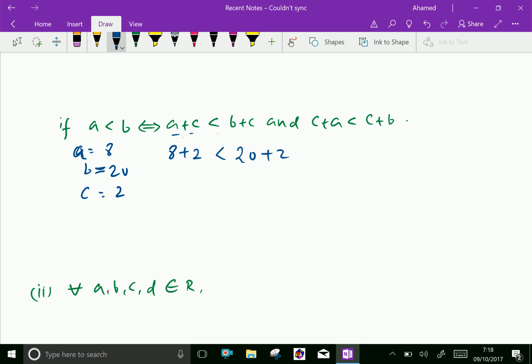Therefore, we can say 8 plus 2 is 10 is lesser than 20 plus 2 is 22.